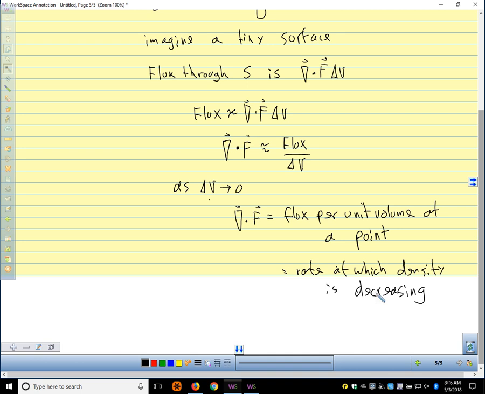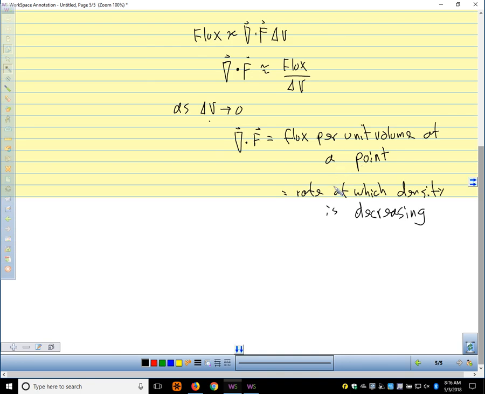So that's when we said the divergence has something to do with the field flowing. It tells us that if we think of it as a liquid that's flowing around inside a region, the rate at which the density of that region is decreasing if it's flowing out, or increasing if it's flowing in. And we classify the divergence based on the sign of the divergence.